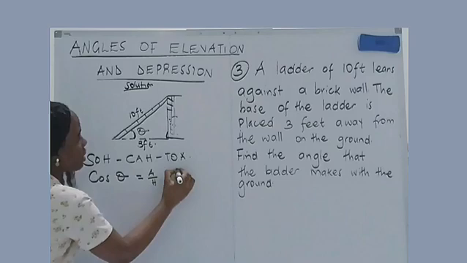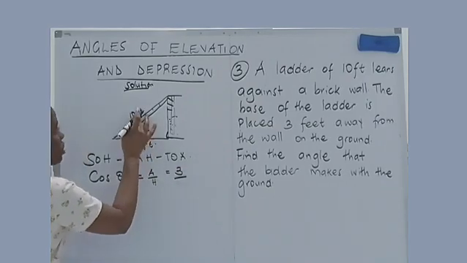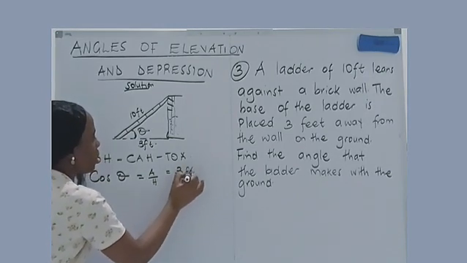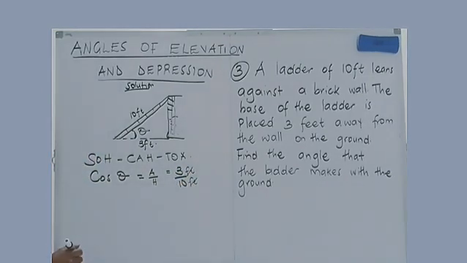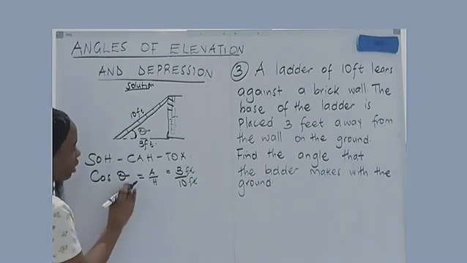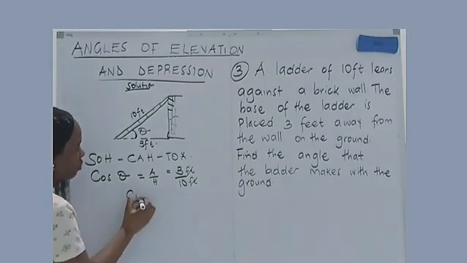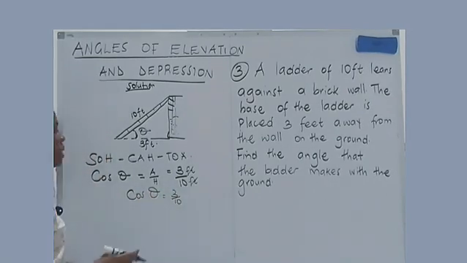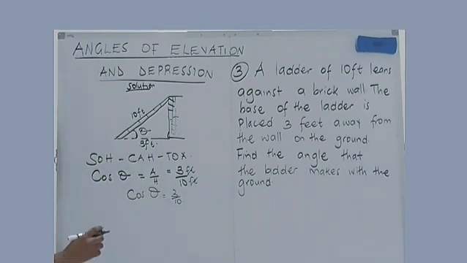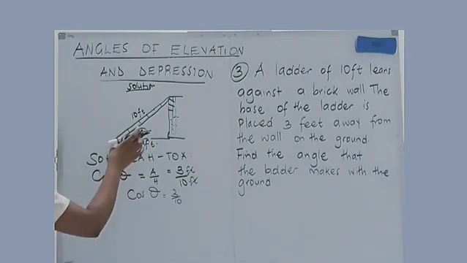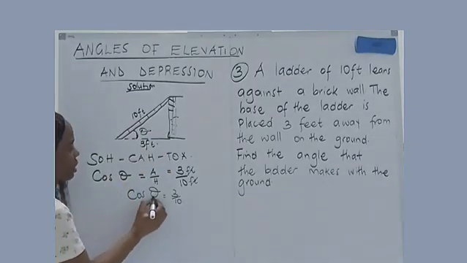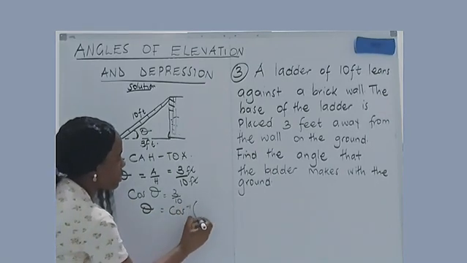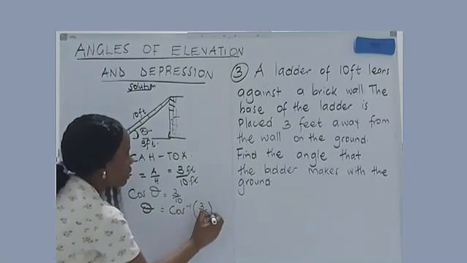My adjacent is 3. My hypotenuse is 10. This is in feet, but this will disappear. So I will have cos theta equal to 3 out of 10. But I'm interested in the angle because we are required to find the angle the ladder makes with the ground. So we shall have theta is equal to cos inverse of 3 out of 10.